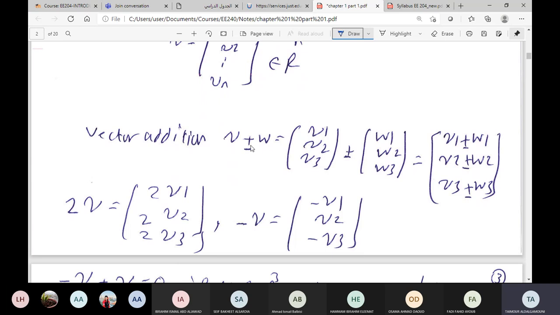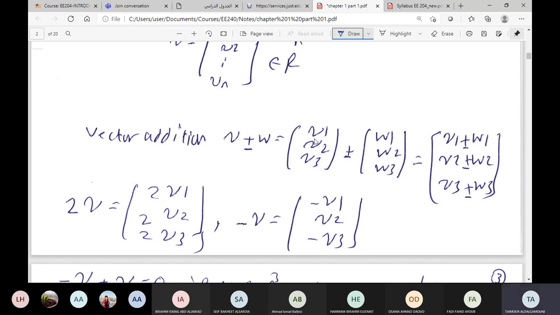Vector addition or subtraction, V plus or minus W. Let's say that we have two three-dimensional vectors, V and W. Note that they have to be of the same dimension, which means we add or subtract vectors only if they have the same number of components.